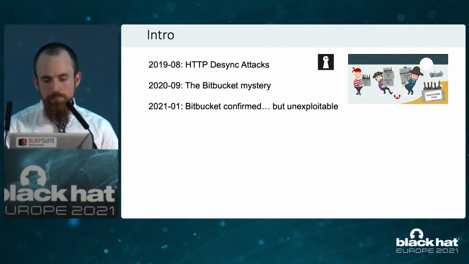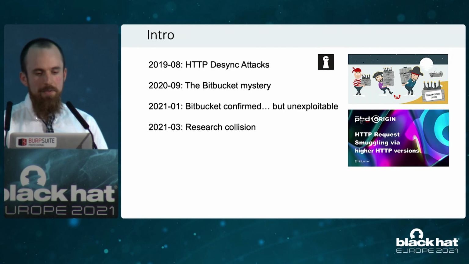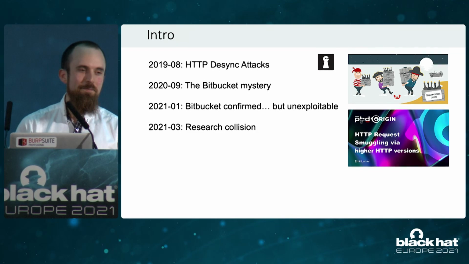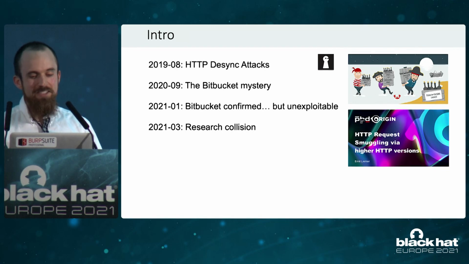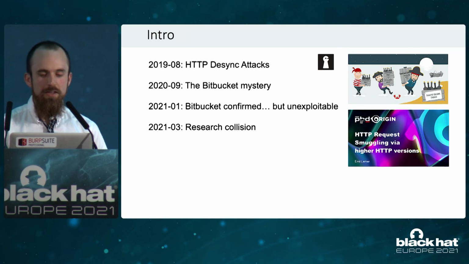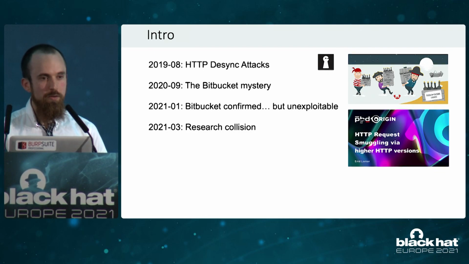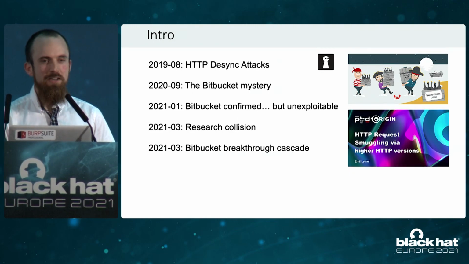Other than that, though, things with this research were going really well until March, when Emil published the research that he'd been doing at the same time as me on the same topic. This meant that my presentation was at risk of not containing anything very groundbreaking. I really needed to find something new fast. So naturally, I went back to Bitbucket again. And this time, I finally cracked it.